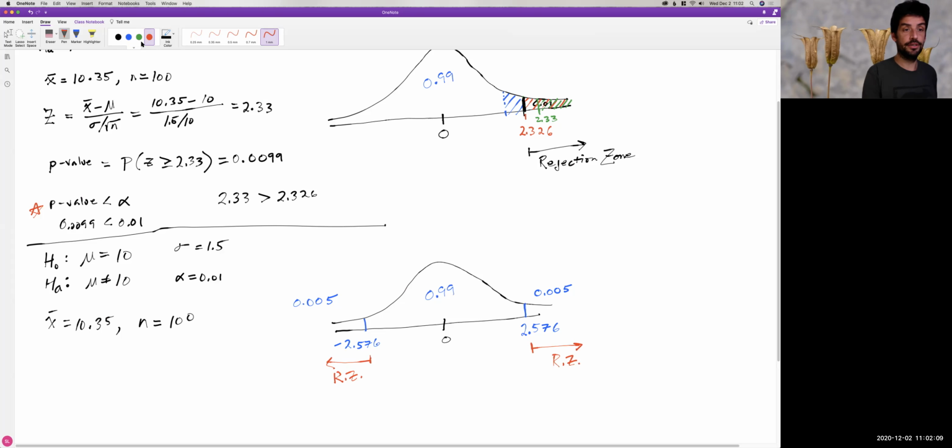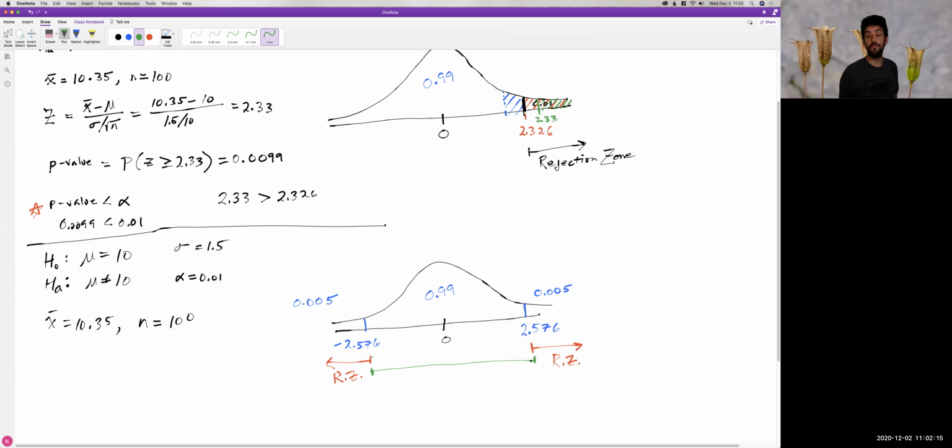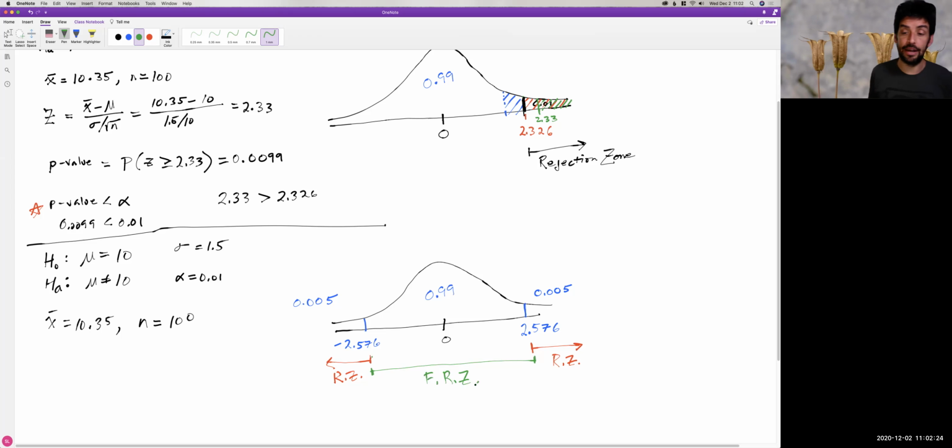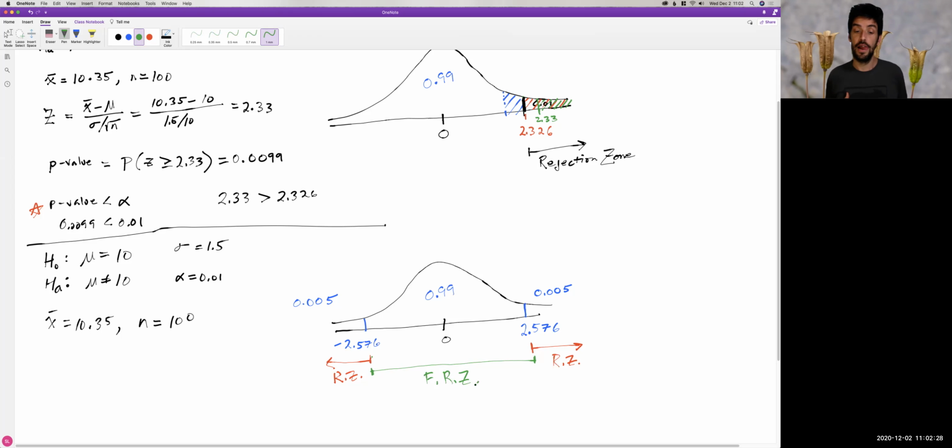And in the middle, any z-scores at or between those two, we would fail to reject. We'll call it the fail to reject zone or something like that. Okay? So that's the idea. In this case, we don't have to compute the actual probability. We just need to know where it lands relative to these numbers.